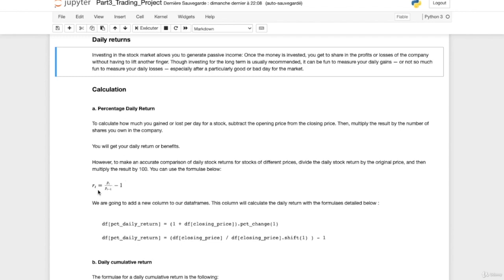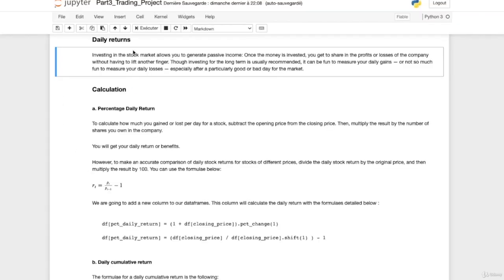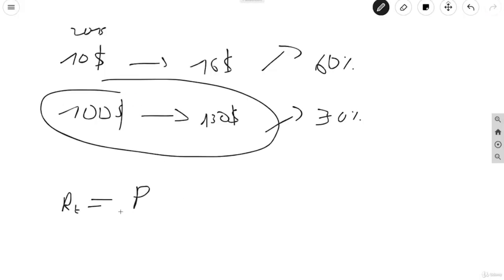In order to calculate the percentage daily returns, the return will be equal to the price divided by the previous price, minus 1.